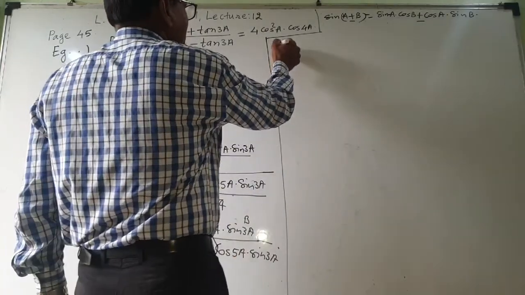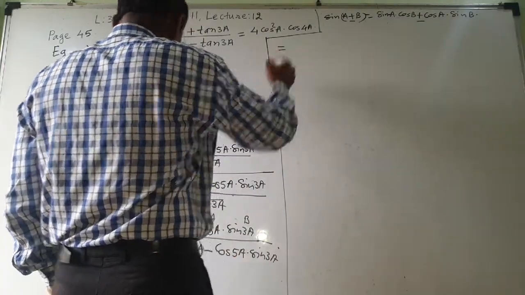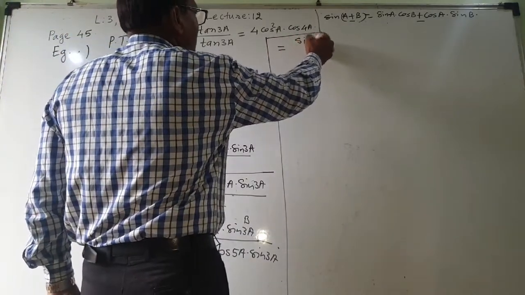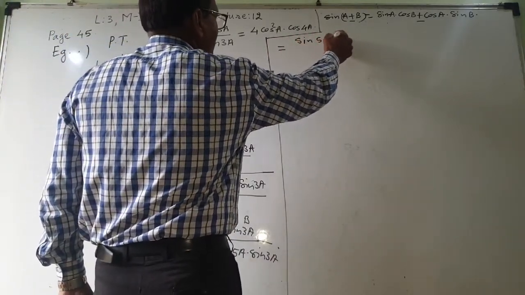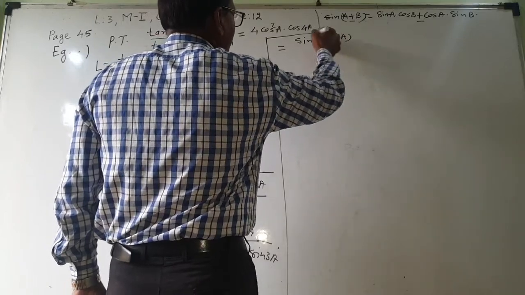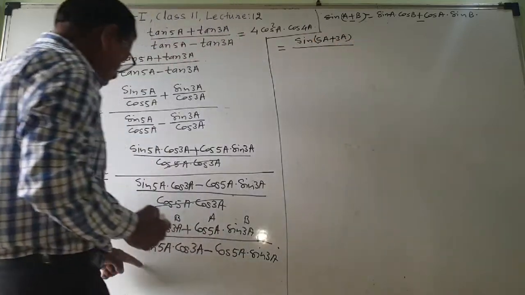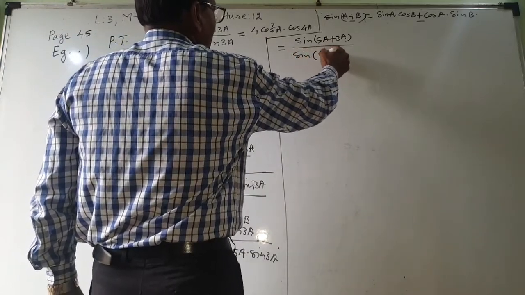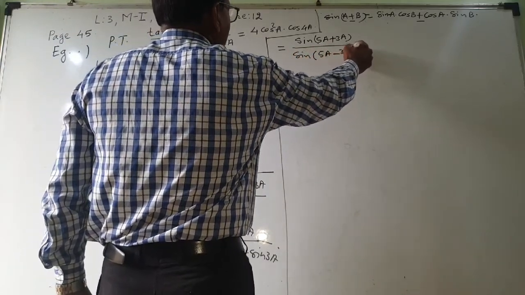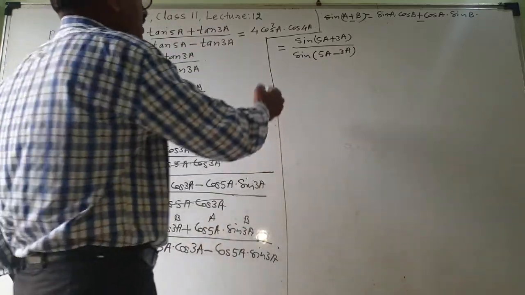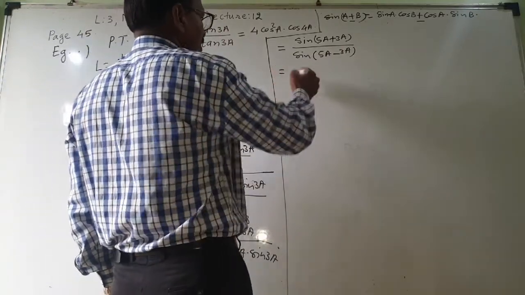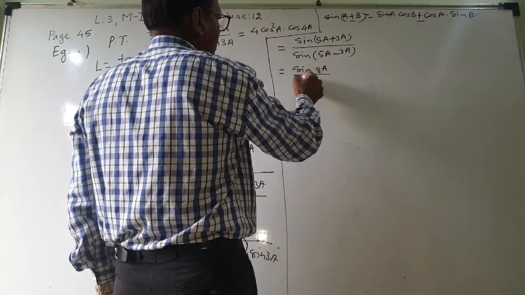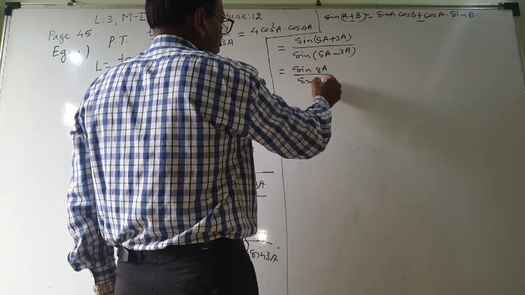So from this I will write one step, and that is equal to sine of 5a plus 3a upon sine of 5a minus 3a. So that is equal to sine of 8a upon sine of 2a.